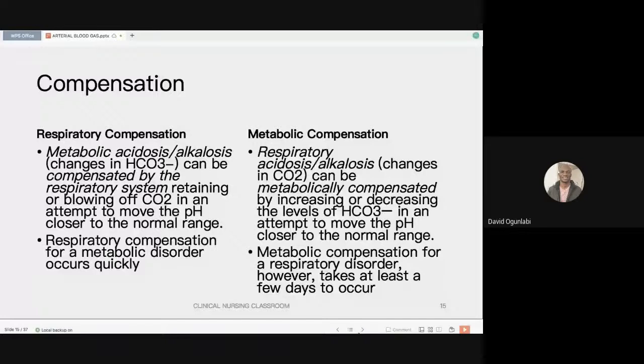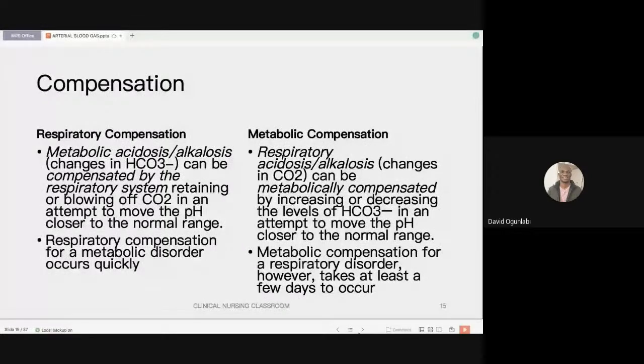So the metabolic system will do everything in its ability to rescue the situation. For instance, if the problem is CO2 retention and there's acidosis in the body due to respiration, the metabolic system will produce more bicarbonates so that it will balance the level of acidosis. It will bring the acidotic level down to normal.